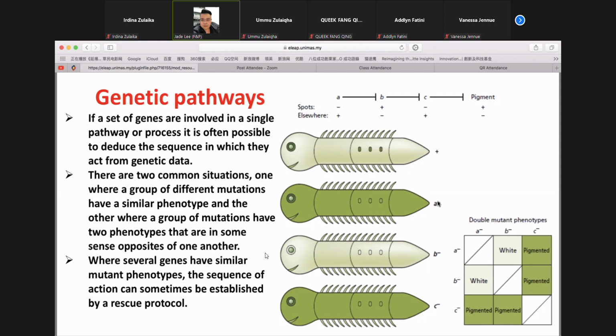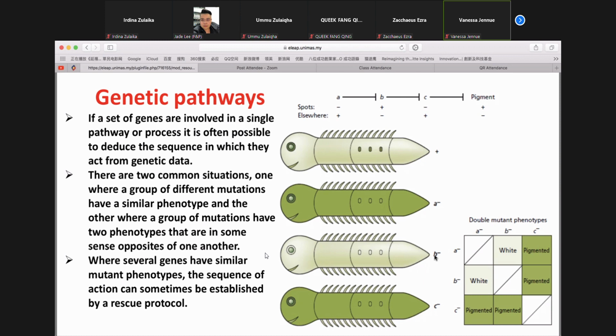Ya, kalau kita tengok A, you tengok A dengan C ni dia pigmented, betul tak? B dia tak ada kan? So if you look at the combination, kadang-kadang kita boleh buat double knockout ataupun single knockout. It depends.